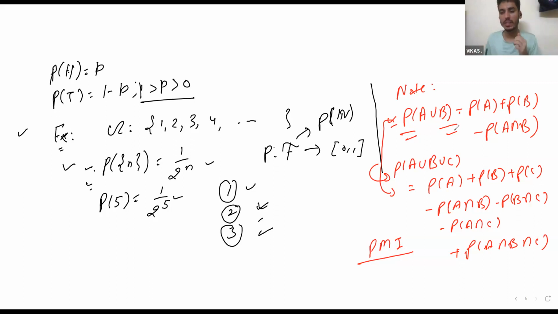Conditional probability means if one event has occurred already, how it will affect the probability of upcoming events. So this is the mathematical term: omega, F, P is a probability space.